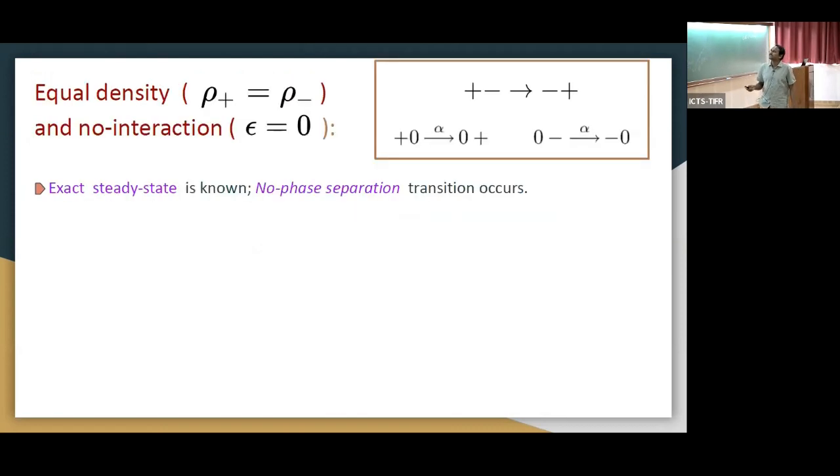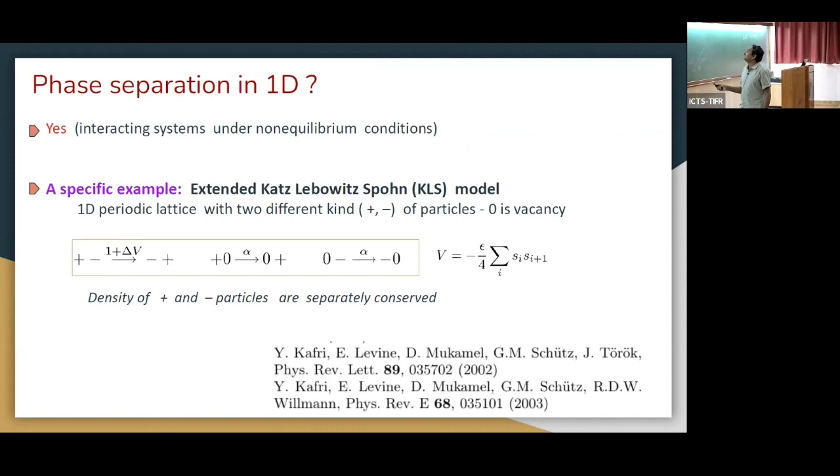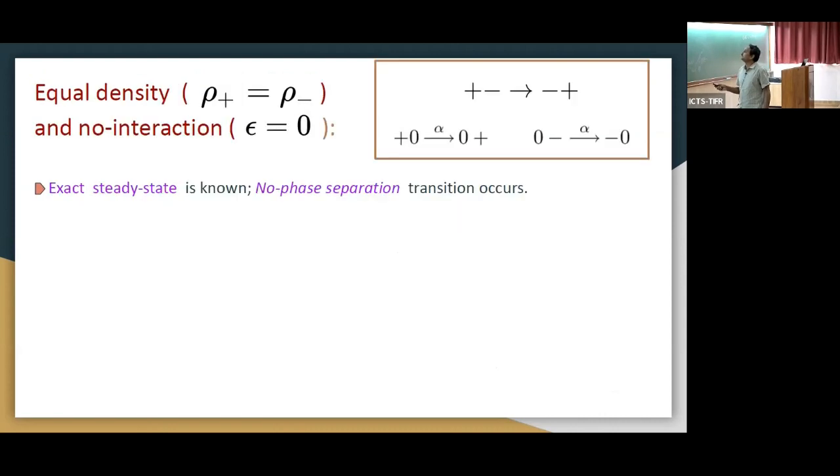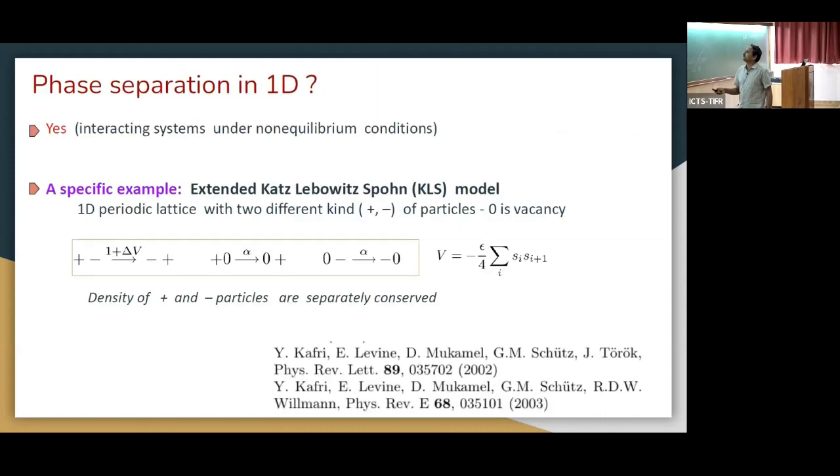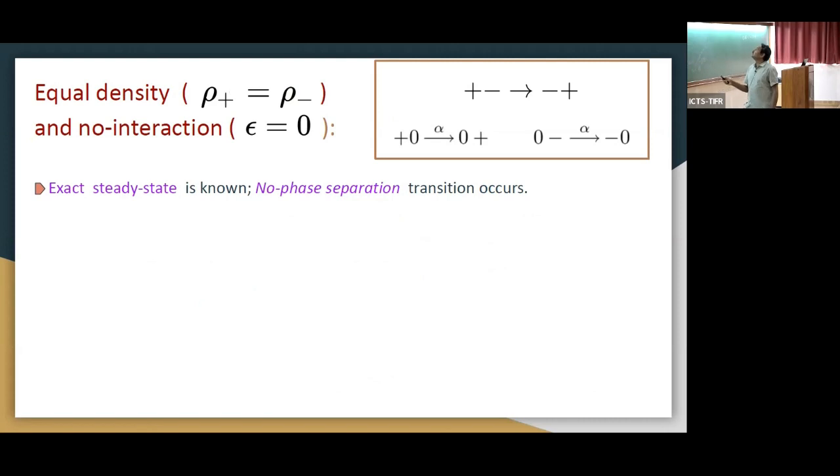So let us first discuss the equal density case: the density of pluses is the same as the density of minuses, and there is no interaction, so epsilon equals 0 in the previous example and the rate becomes 1. This model is just plus minus going to minus plus, along with the hopping. It turns out that there is an exact steady state, which one can calculate using matrix product ansatz, and no phase separation transition occurs in this system.